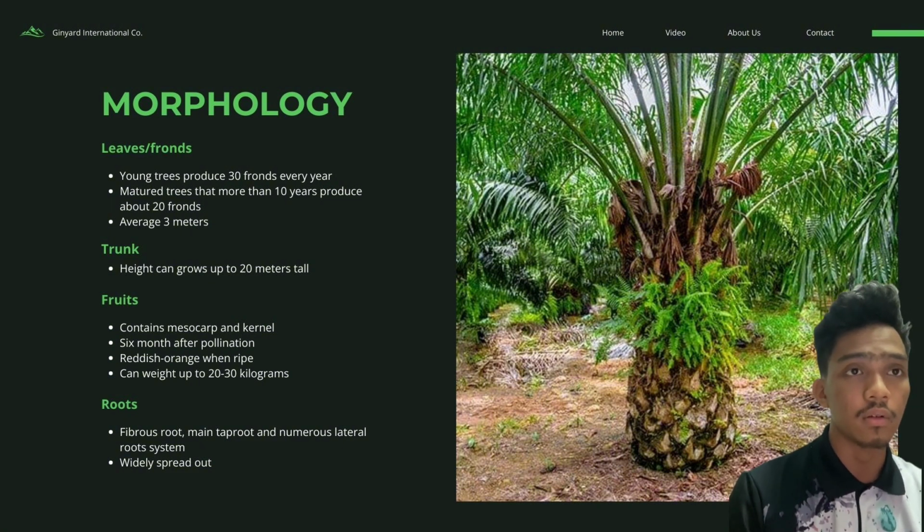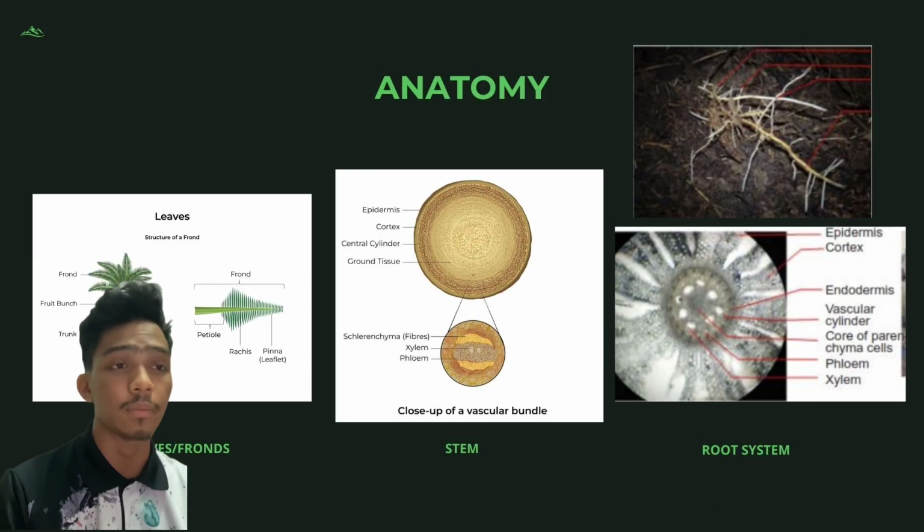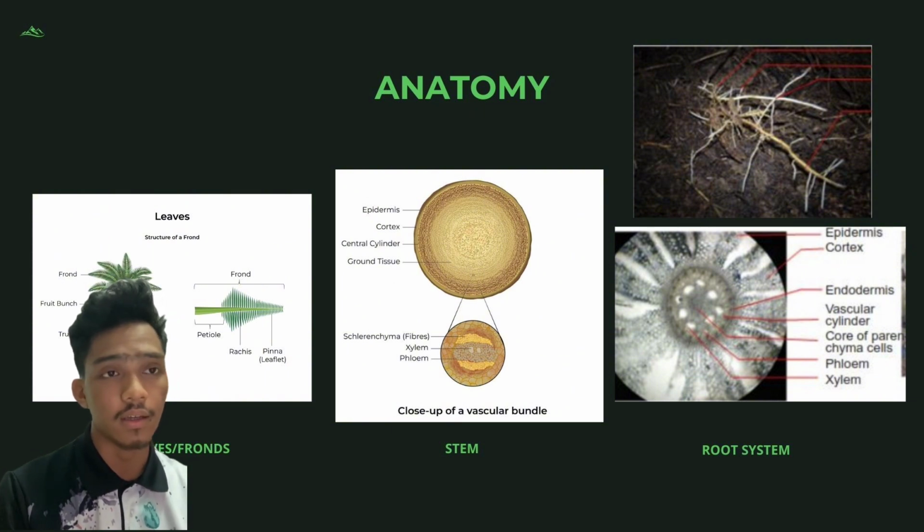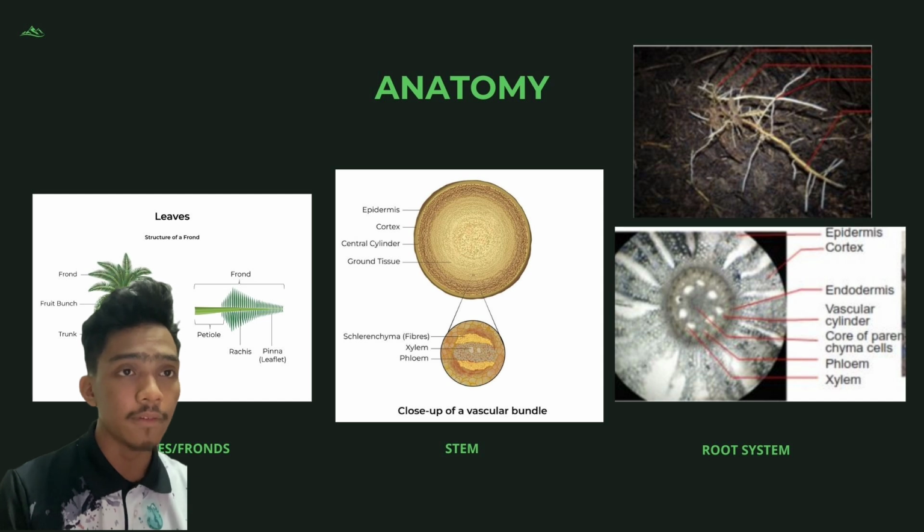And then we go to the anatomy. The first anatomy is the fronds. In fronds, we have 3 parts. The first one is petiole, and then branches, and the third is pinna of the leaflet. And the second anatomy is stem. In the stem or the trunk, we have 4 layers.